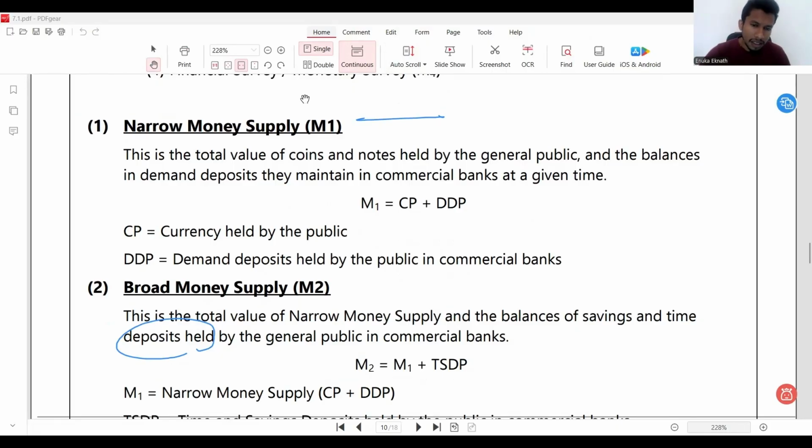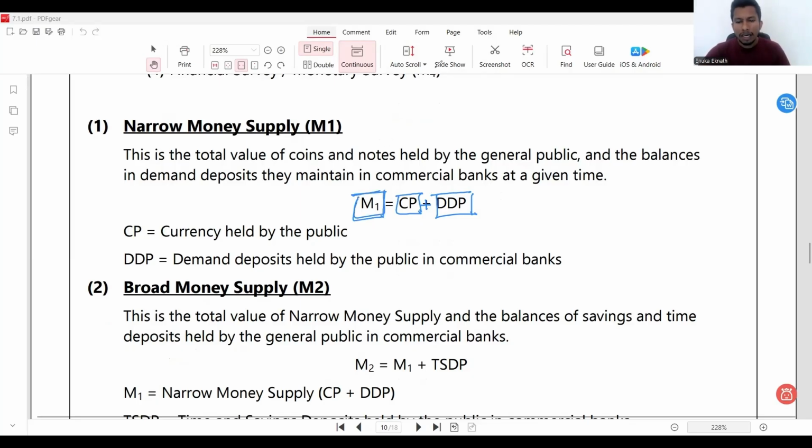Narrow money supply, M1, is the total of currency held by the public and the demand deposits held by the public in commercial banks. So the addition of the currency held by the public and the demand deposits held by the public in commercial banks, we recognize as the narrow money supply.